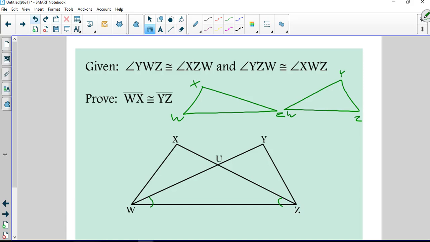And YZW right here is congruent to XWZ right here. Notice WZ is WZ, so that's the reflexive property.